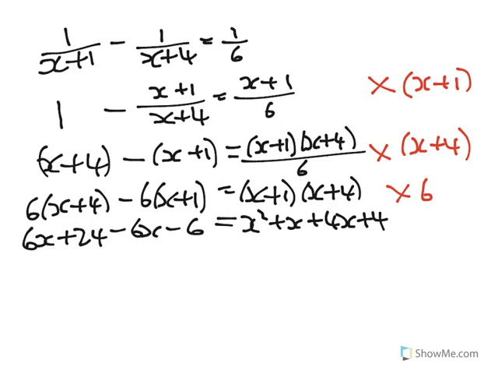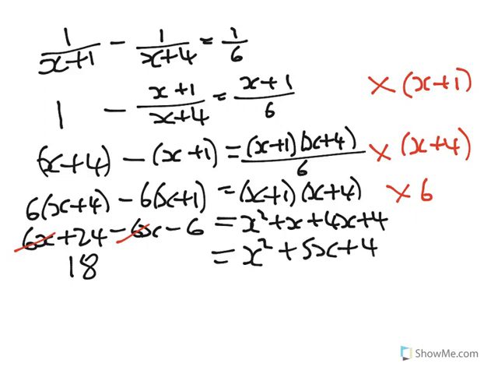I'm now going to collect all my like terms. Well, I have 6x and minus 6x, so they will cancel out. I'm left with 24 minus 6, which is 18 on the left hand side, and on the right hand side I'm going to add my x squared, well there's only one of those, add my x's, so that's 5x and 4 at the end.